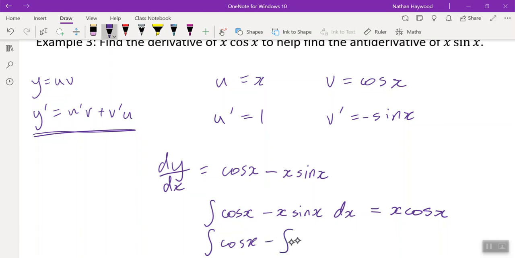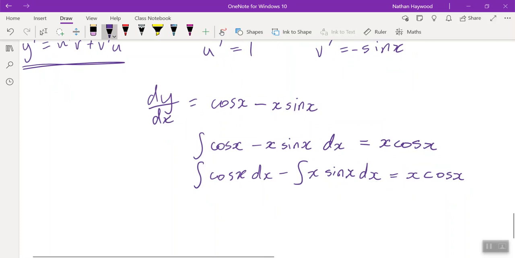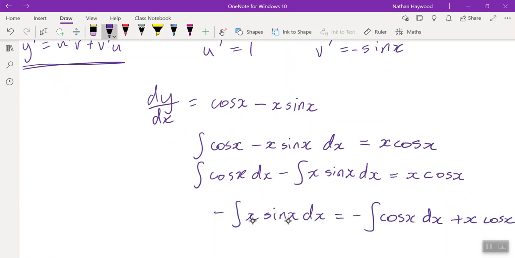Oh, you don't remember this. Because you can integrate each separately because they're separated by a plus or minus. We're trying to find that. So you have to rearrange it so that's by itself. x sine x by itself.